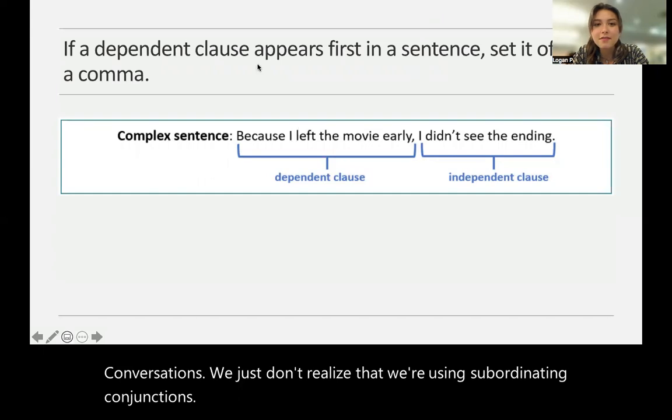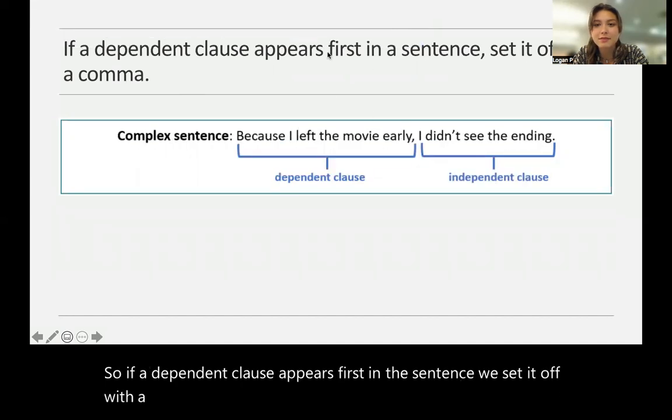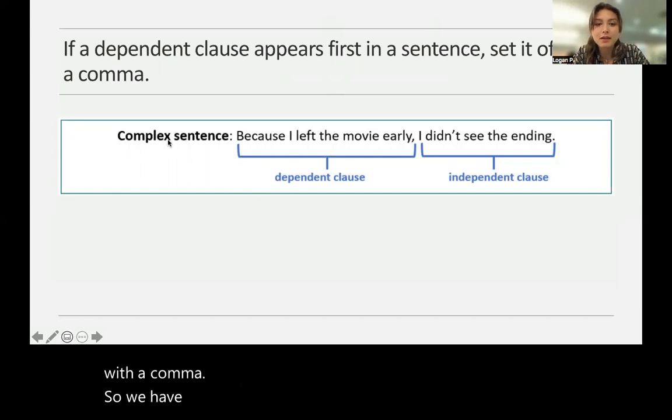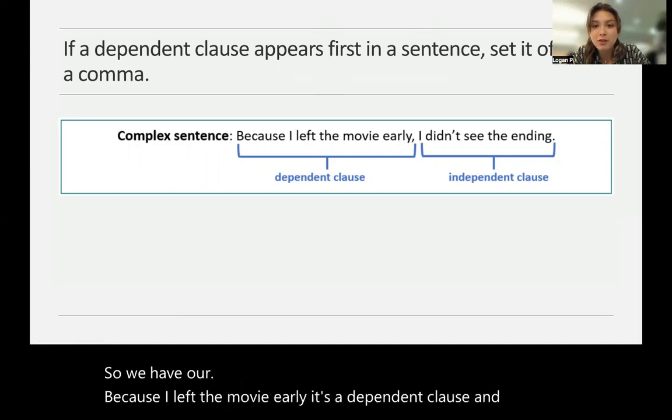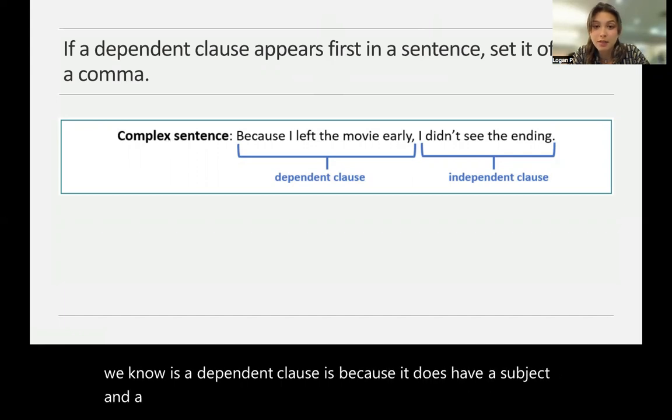So if a dependent clause appears first in the sentence, we set it off with a comma. So we have our, because I left the movie early, it's a dependent clause. And the way we know it's a dependent clause is because it does have a subject and a verb, but it's not a complete thought.